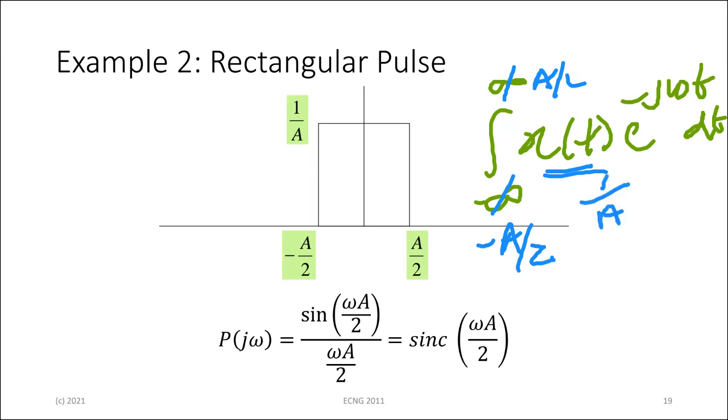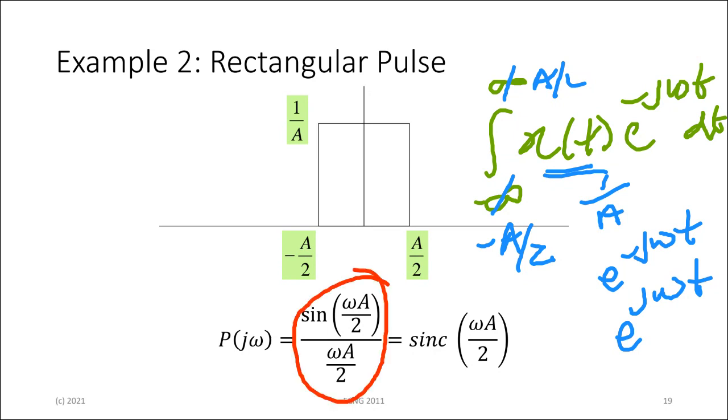If you do that and manipulate a little bit, you get an integral in terms of e to the minus j omega t and e to the j omega t. Then you use Euler's relationship between sine and e, and with a little bit of manipulation, you land up with something looking like this.